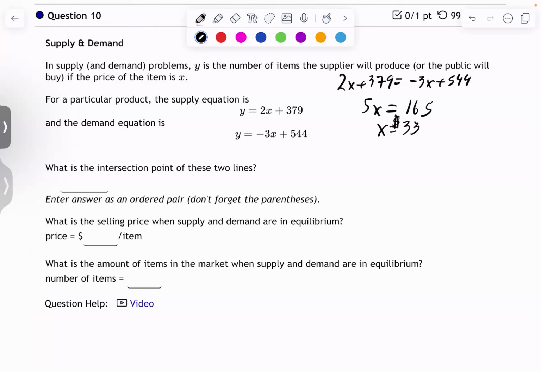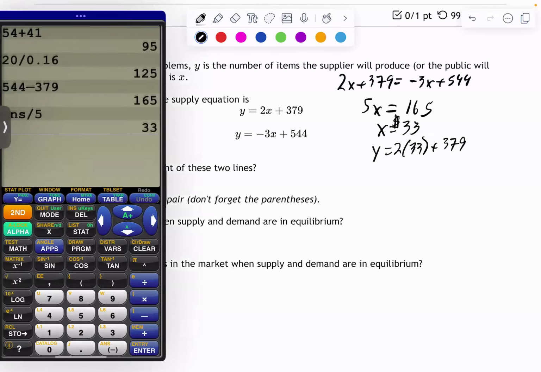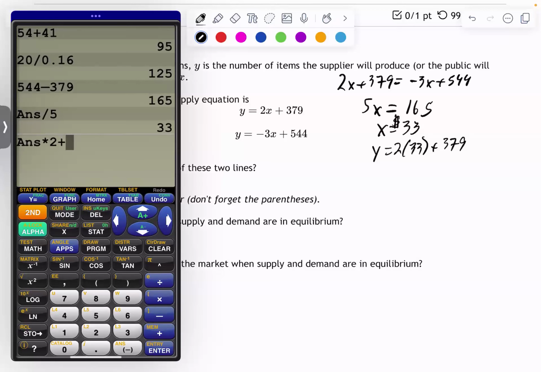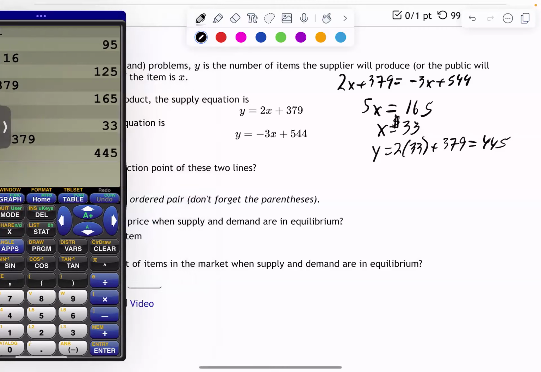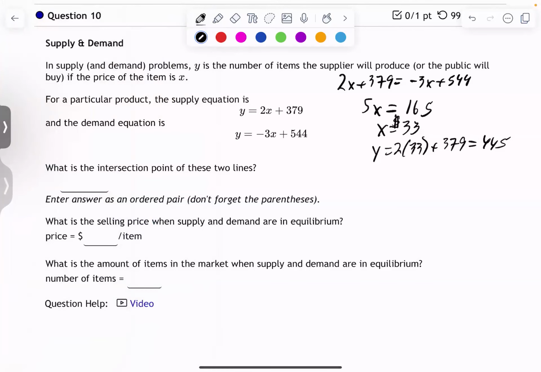And that means that the product will cost... So 445, pardon me, is the number of items that are going to get us that optimal price there.